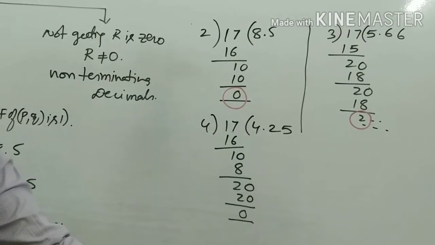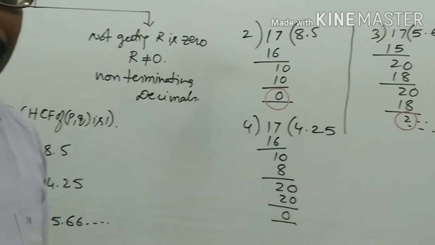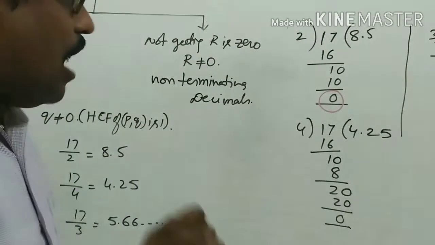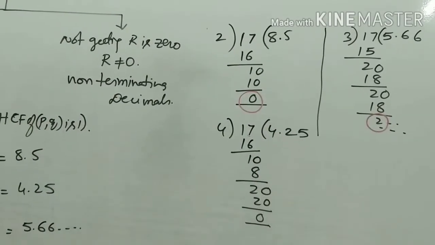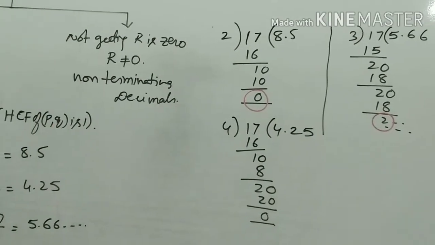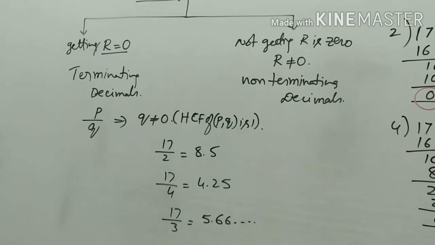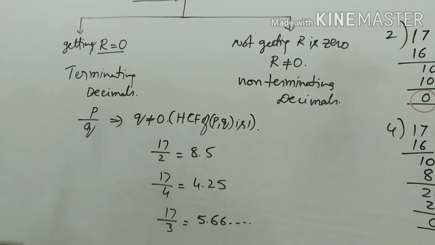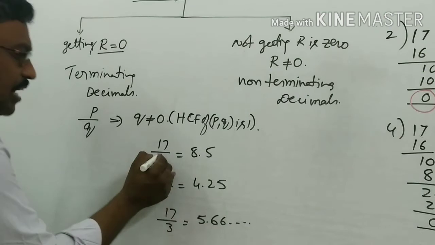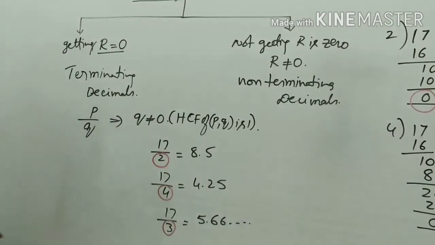Now my question is, without actually performing the division, how can you say whether it is terminating or non-terminating? Whether the decimal terminates or not is completely based on the value of the denominator only.